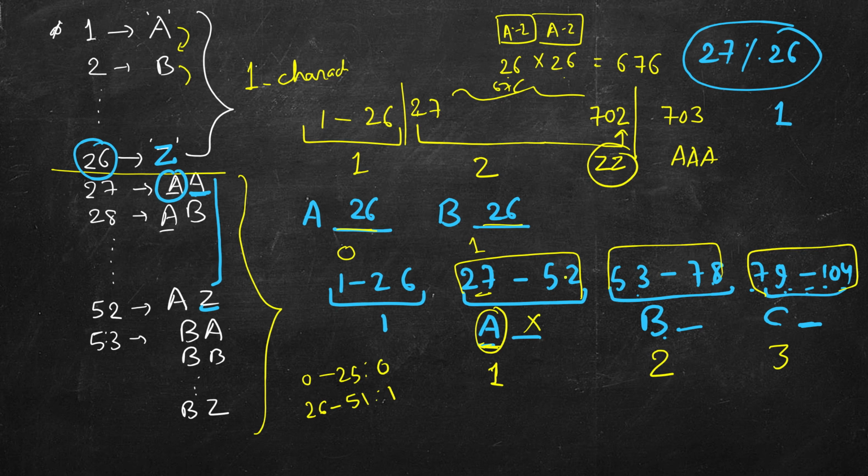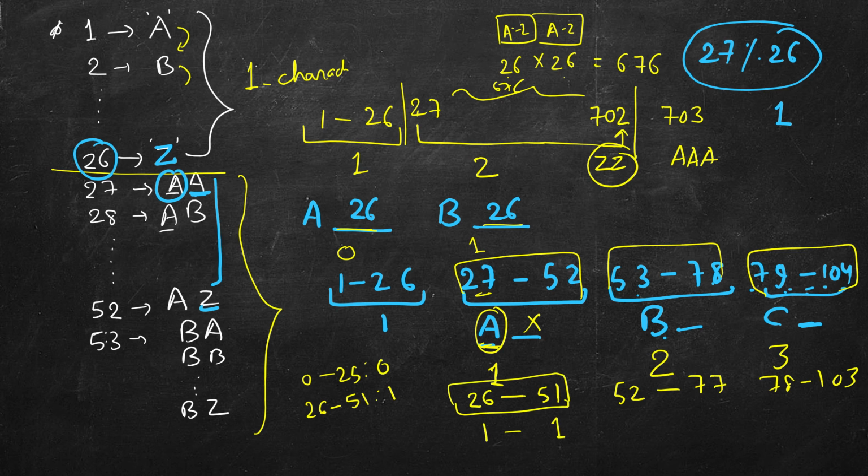So if you subtract 1 from everything, this range becomes 26 to 51, this range becomes 52 to 77, and this range becomes 78 to 103. Now divide by 26, integral division. So it will be 1, this will also be 1. So this range is now converted to 1, and you can safely assume that 1 means A. Now if you divide any number from 52 to 77, you get 2. So this corresponds to B, this corresponds to C, and so on.